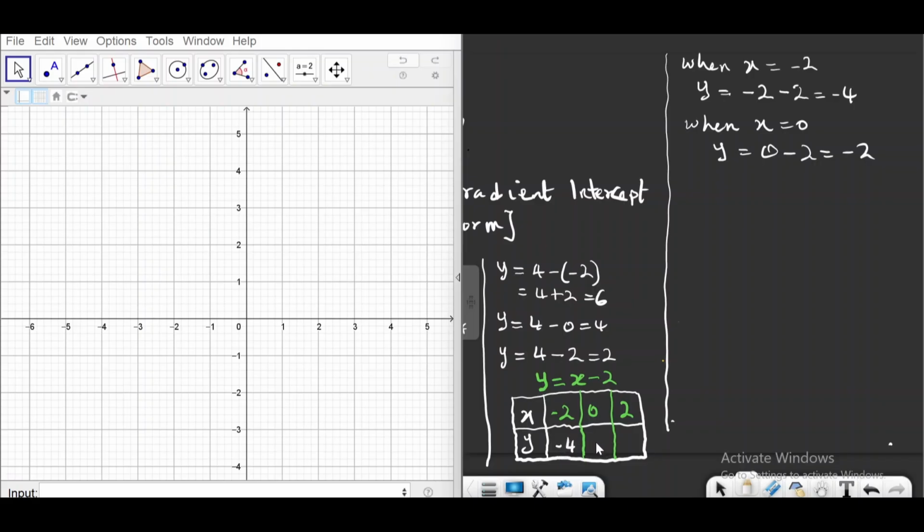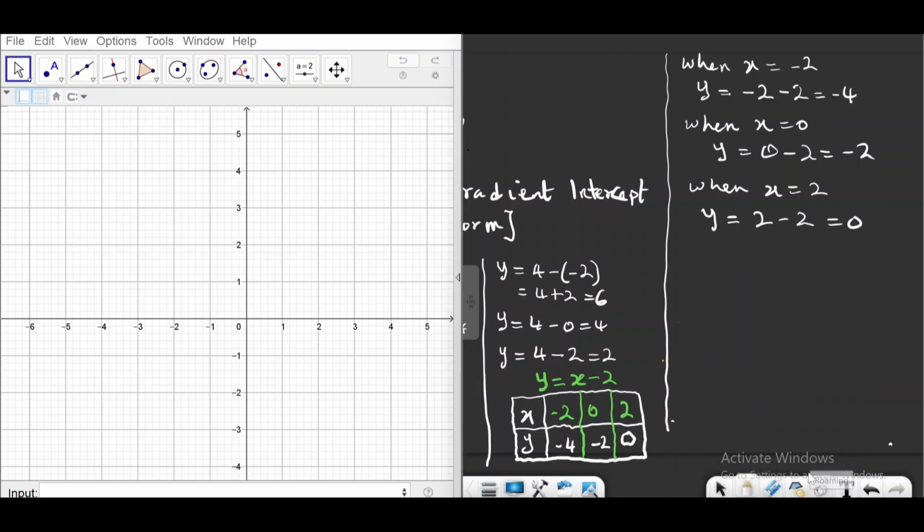When x is 0, I have -2. And when x is 2, y is going to be 2 minus 2, and that gives 0. Alright, so we have all of this, and now we are going to plot the points.